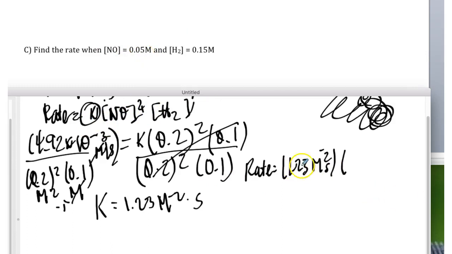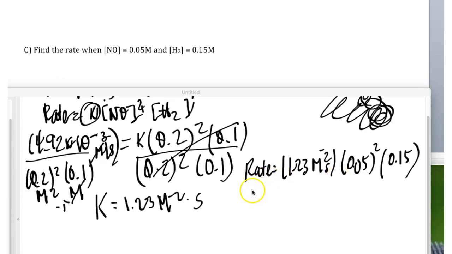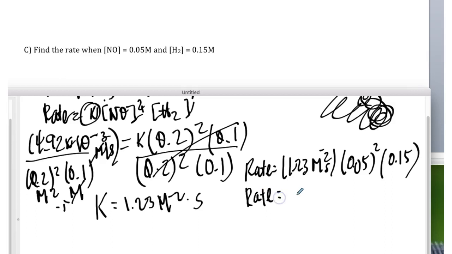Plug it in. It's squared, and H2 is 0.15. When you do the math, you get a rate of 4.61 times 10 to the -4.